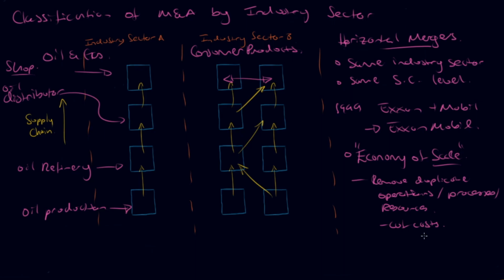So you can derive a competitive advantage there. A direct result of this is you're also going to reduce competition. So you're on your way to forming a monopoly. So often deals that are horizontal are highly scrutinized by antitrust regulators.